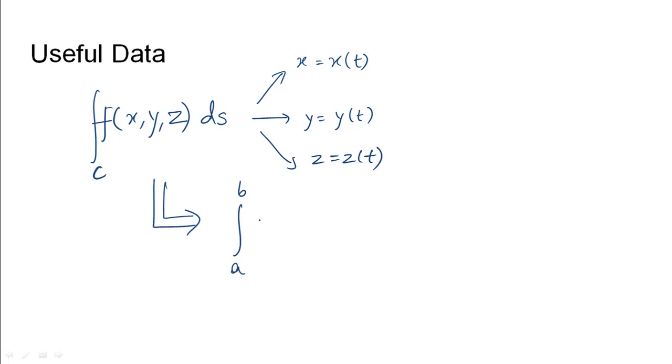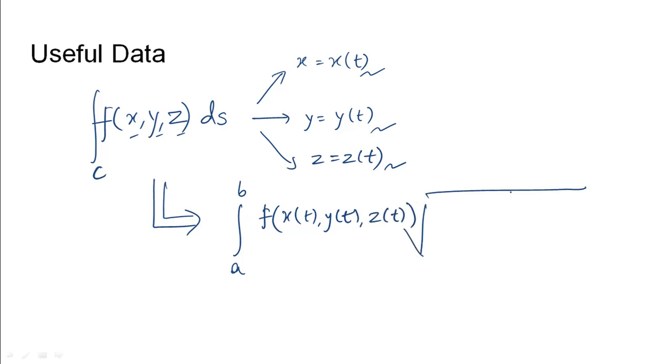When we do this, the integral over C will transform to a definite integral from a to b. The function will change from a function of x, y and z to a function of x(t), y(t) and z(t). We multiply this with the square root of the summation of (dxi/dt) whole square, where i varies from 1 to 3 in this case.